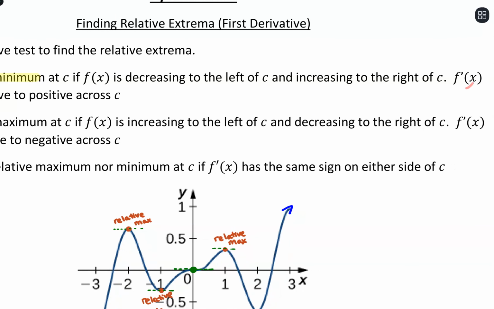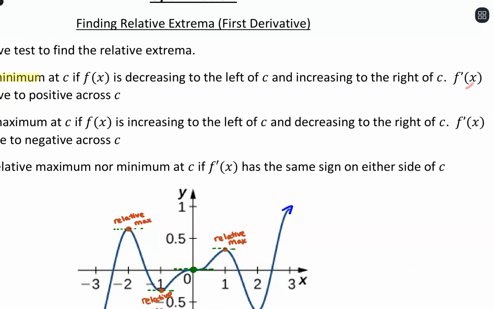Relative maximum, it would be increasing on the left-hand side and then decreasing on the right-hand side, which means we have positive derivatives, and then it switches to negative derivatives. And then this value could be neither a relative maximum or minimum at that value if it's the same sign on either side.